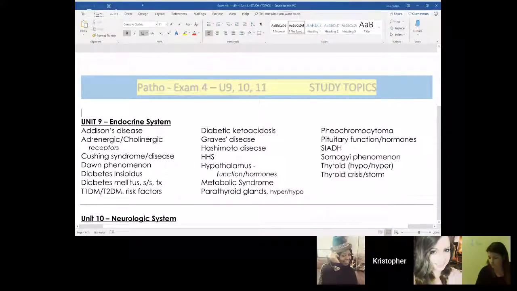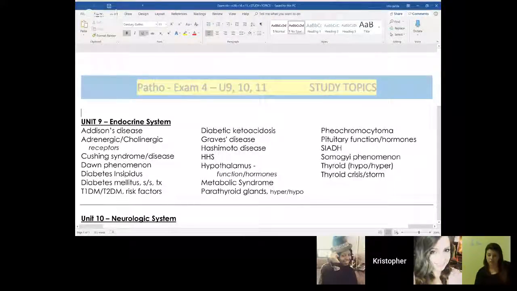So Amy Elizabeth, what is Addison's disease? In like one line, what's Addison's disease? It's a hormonal imbalance. So where is it located? Is it in the cholinergic side or the adrenergic side?